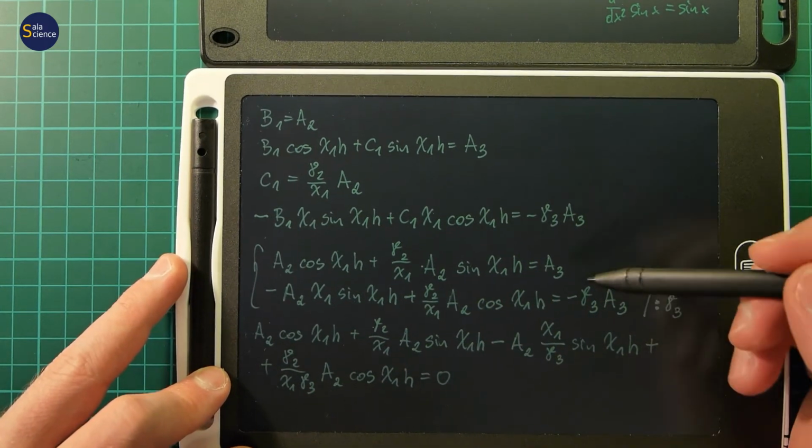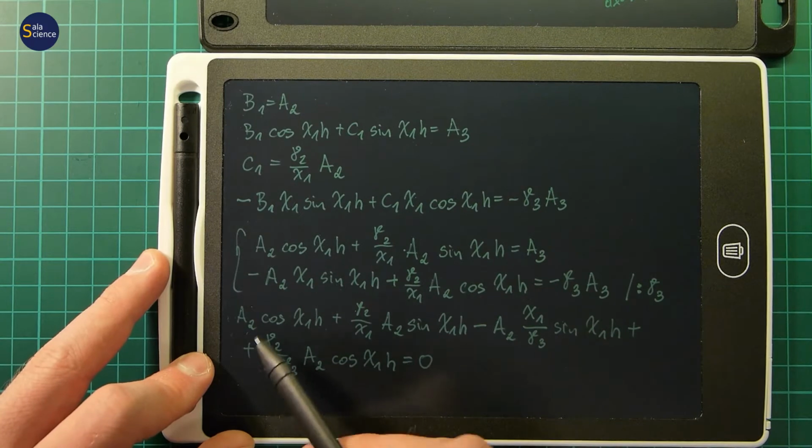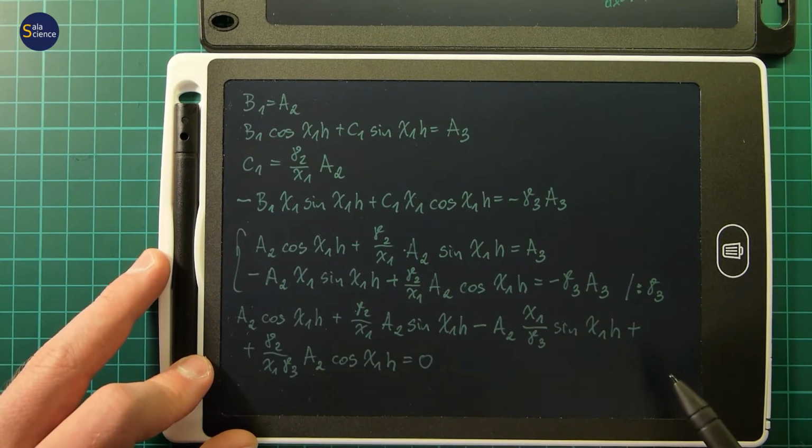So we have only one equation with only one unknown, a2.